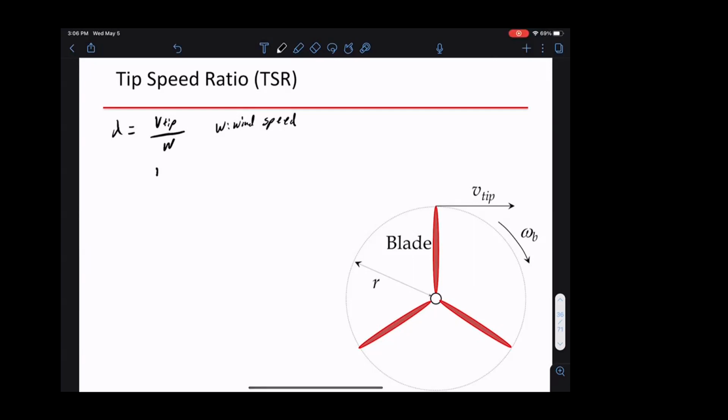Any idea how we calculate this? Remember the feedback algorithms, most of them use lambda measure. This gives us a relative measure of how fast the blade is turning with respect to the wind speed. So how do we calculate the speed of the tip?